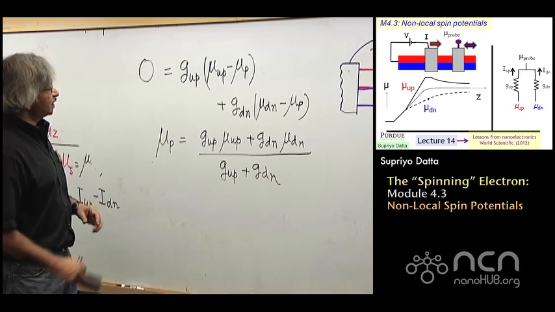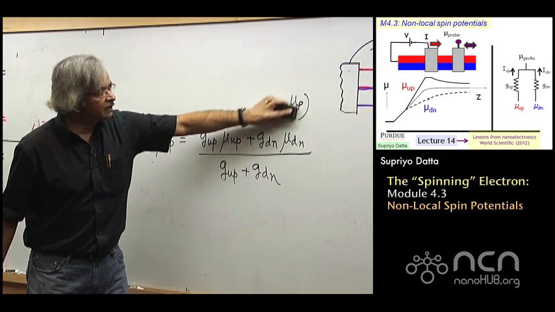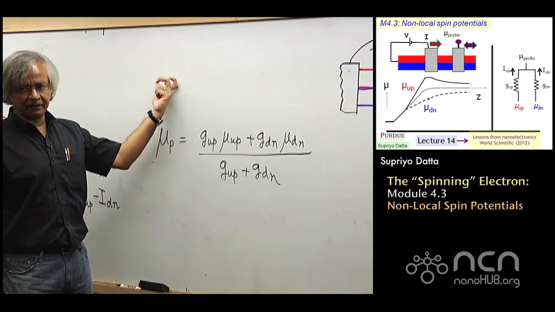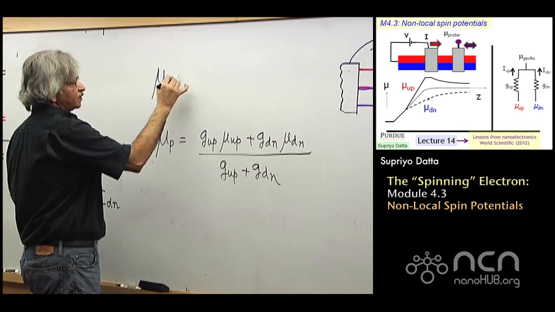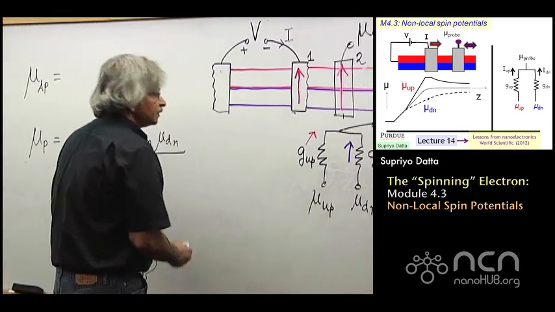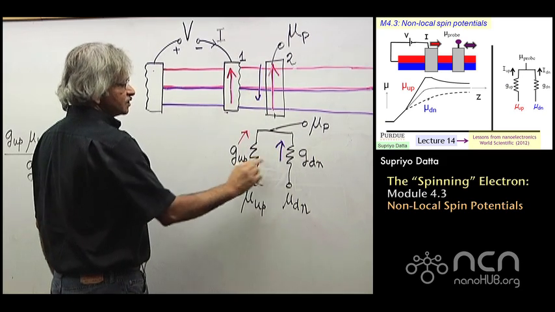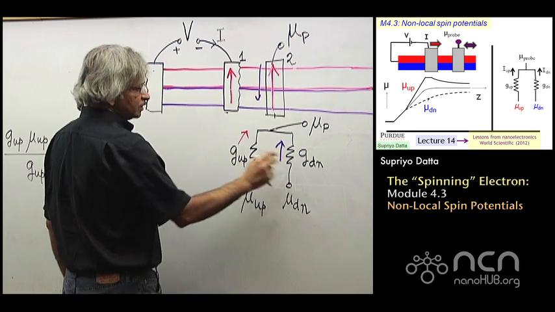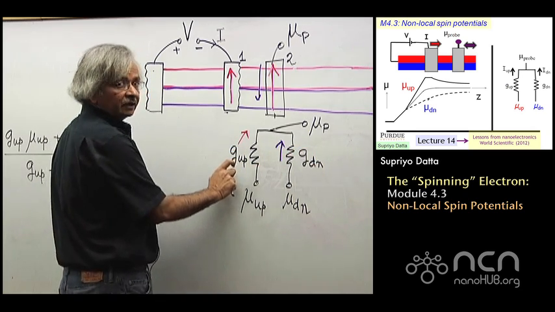Now the spin potential, as I mentioned, actually depends on the difference between what a parallel magnet would measure and what an anti-parallel magnet would measure. So if I wanted what an anti-parallel magnet would measure, the point is that if I reverse that magnet, if I turn this around the other way, what will happen is it will reverse these two conductances. That is, what used to be the up conductance will now become the down conductance, and what used to be the down conductance will now become the up conductance.